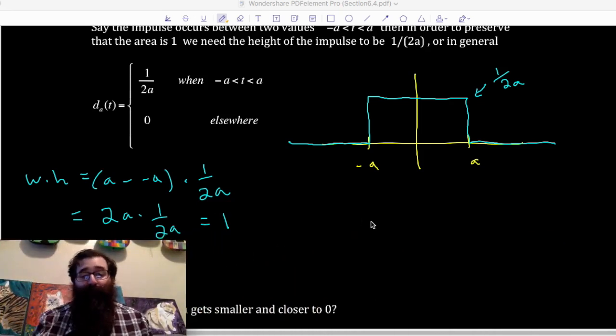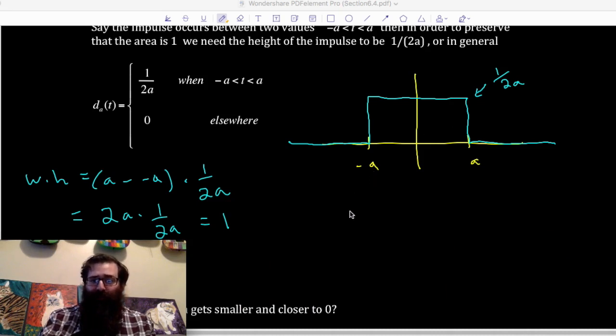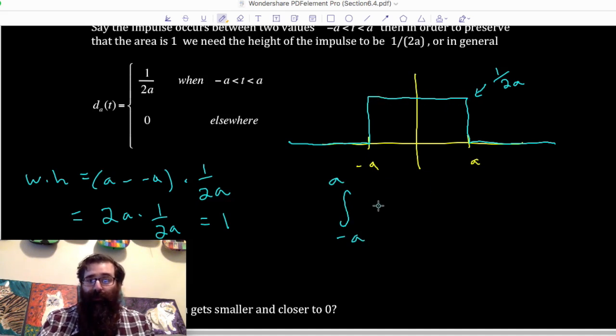We drew it in a calculus manner and say, well, what if I wanted to integrate the function over this region where it's non-zero from negative a to a, and my function is this constant valued function where the output is 1 over 2a, and we would integrate this with respect to t. We would say, well, integrating the constant function just brings the variable back into play.